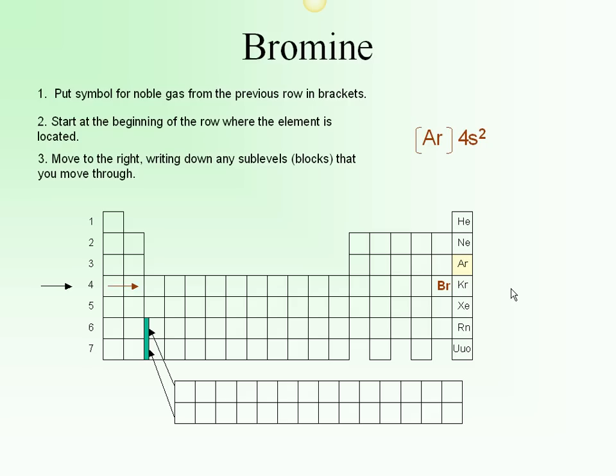So 4s2, then we got the 3d, we got 4p, which goes up to 1, 2, 3, 4, 5.